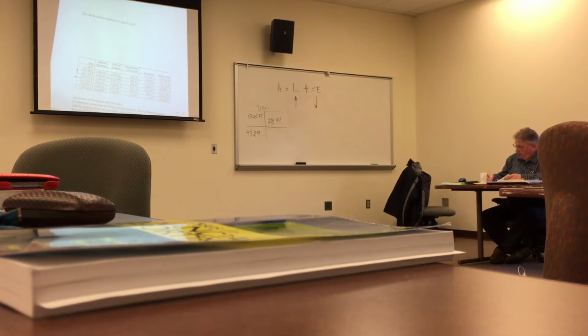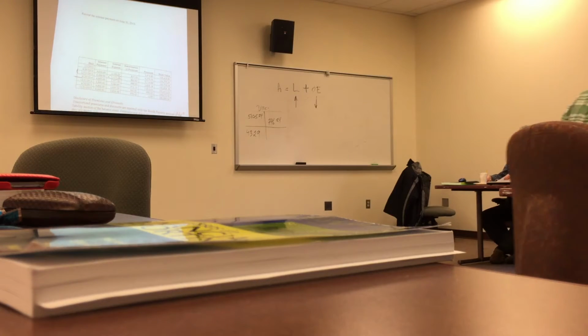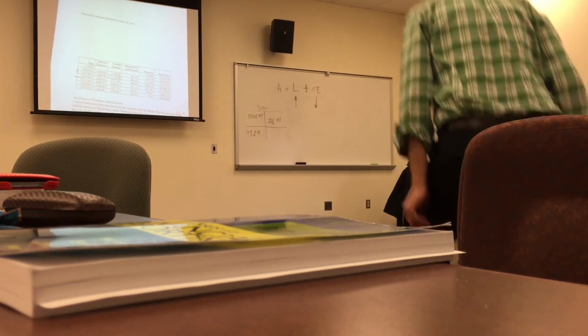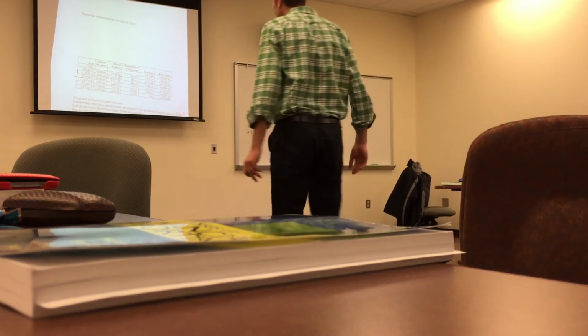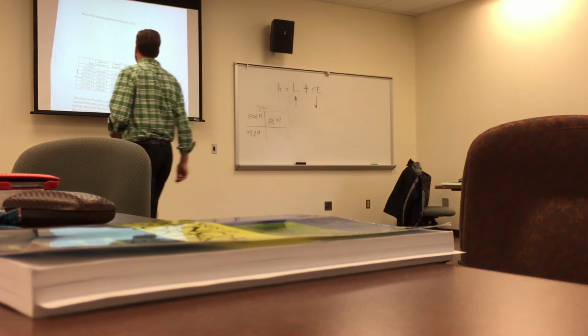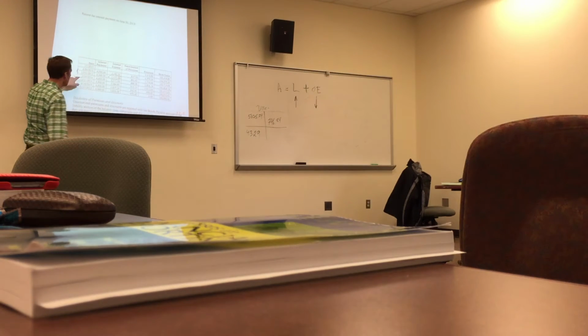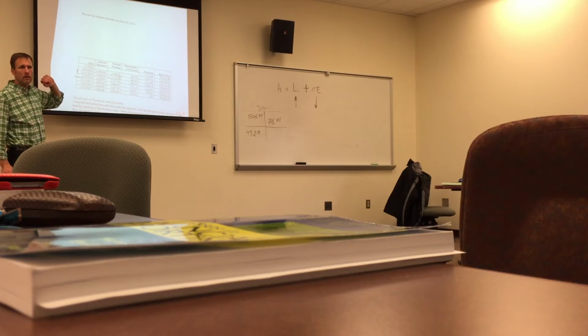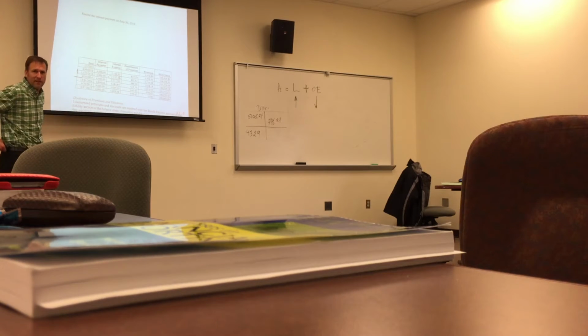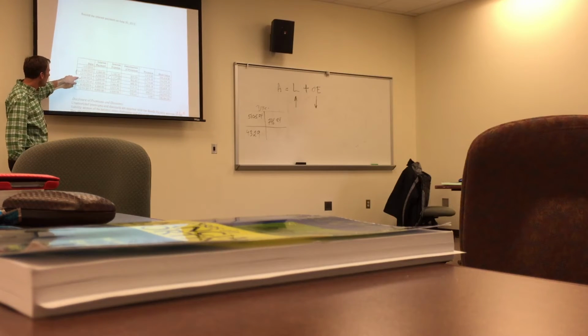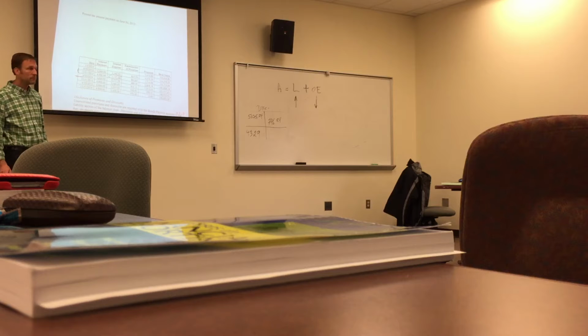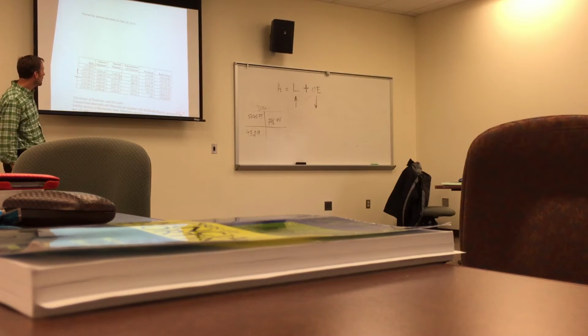Now, what if we had bought back these bonds not on July 1st, but on August 1st? What would we have had to do first? You would have to amortize one more month, right?